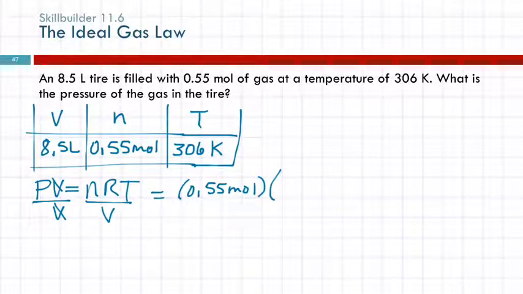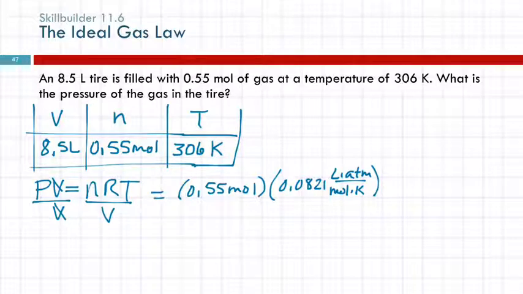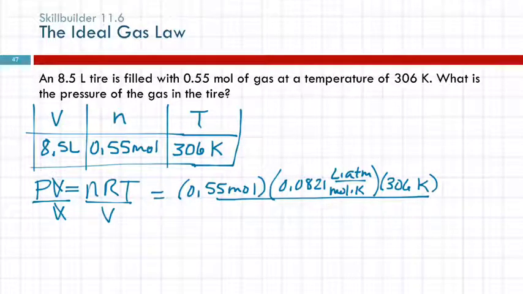R, 0.0821 liters times atmospheres per mole Kelvin. Temperature, 306 Kelvin. Divided by the volume this time, 8.5 liters.